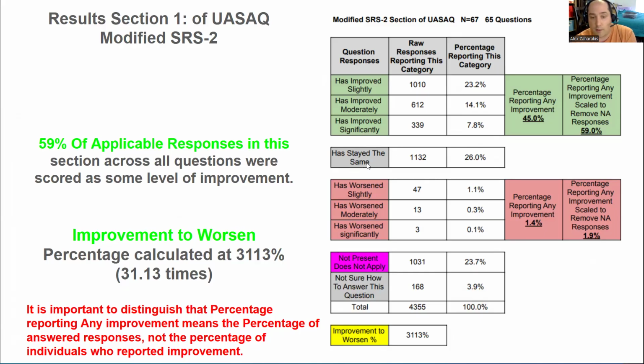And if we look at the improvement to worsening ratio, there's about a factor of 31, so 3,100% more improvement relative to worsening. This is just for the SRS-2 section 1, only these 65 questions.